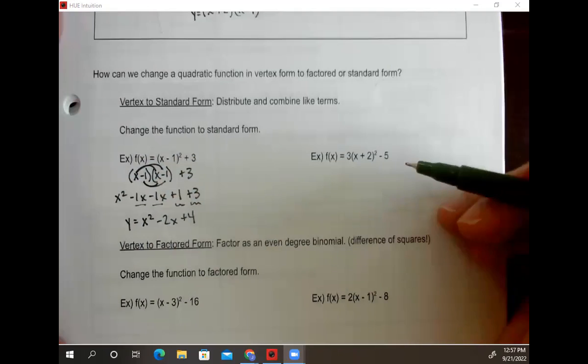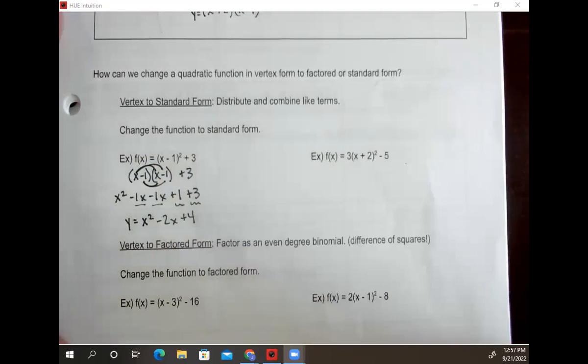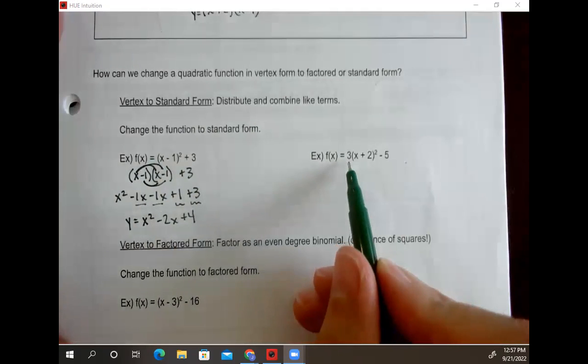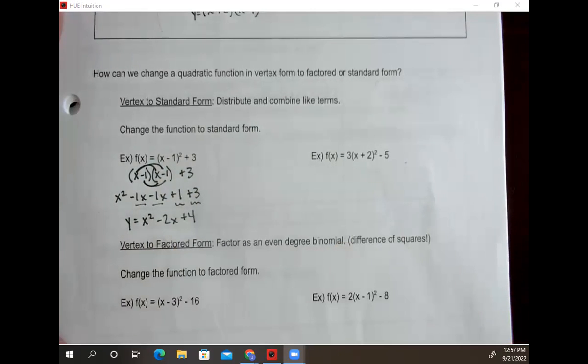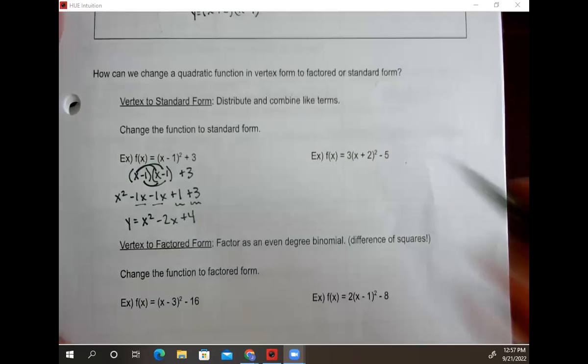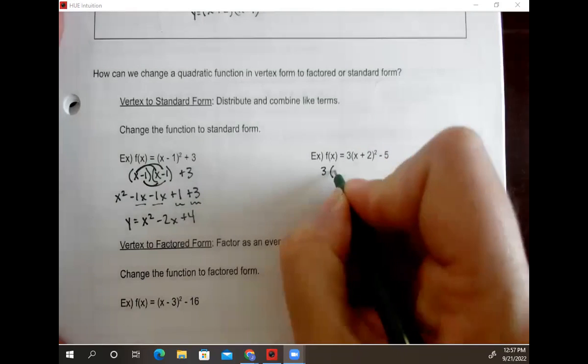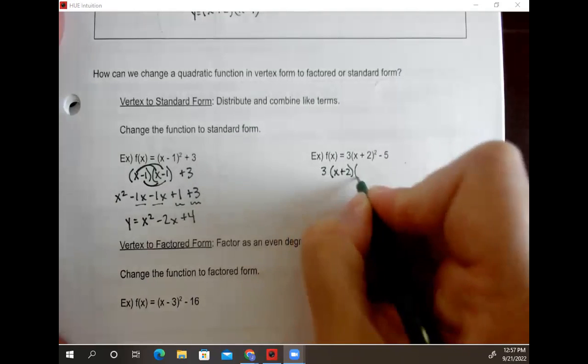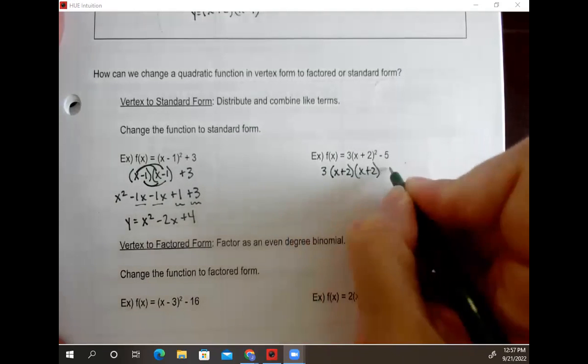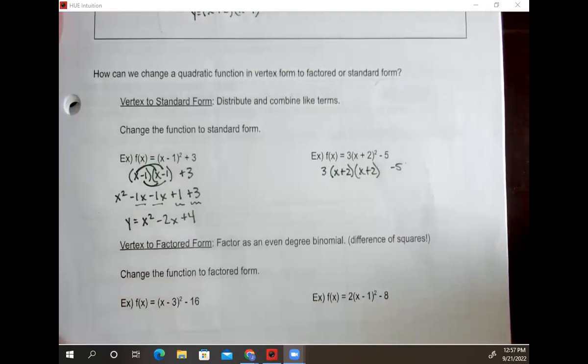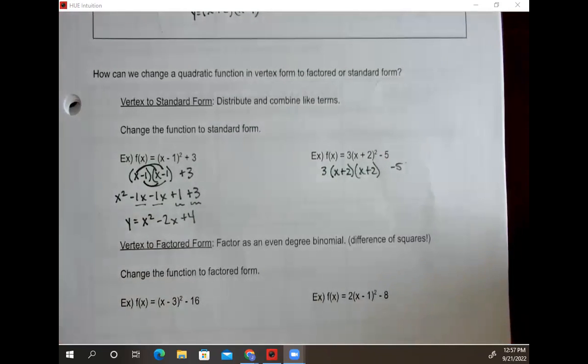For our next example, exact same idea. The difference is this time my lead coefficient is not 1. So I'm going to have another thing that I need to multiply. I'm going to start the same way. I'm going to write the squared thing twice. So this would be 3 times x plus 2 times x plus 2 with that minus 5 there at the end. Remember, when we're multiplying, we only multiply 2 things at a time.